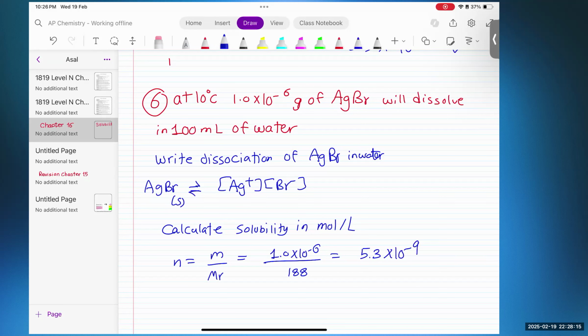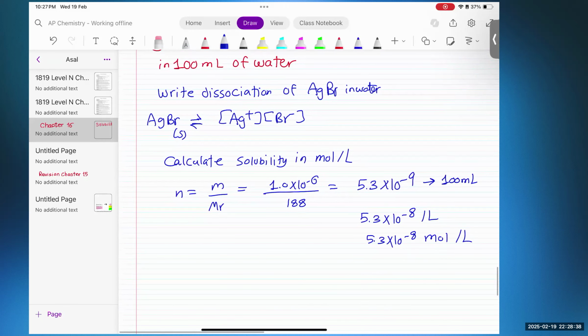And this is dissolved in how much water? In 100 ml. So how much in liters? It is 5.3 times 10 to the power of negative 8 in 1 liter. So this means it is 5.3 times 10 to the power of negative 8 mole per liter. Okay, correct?